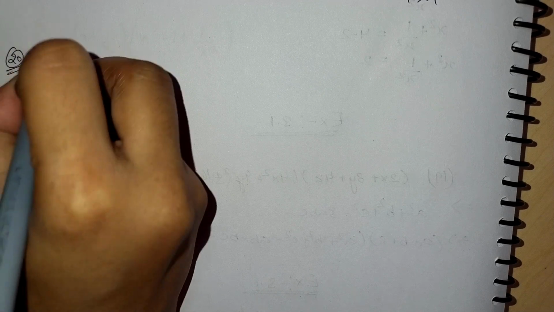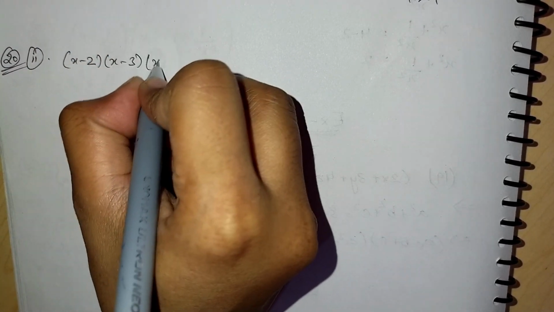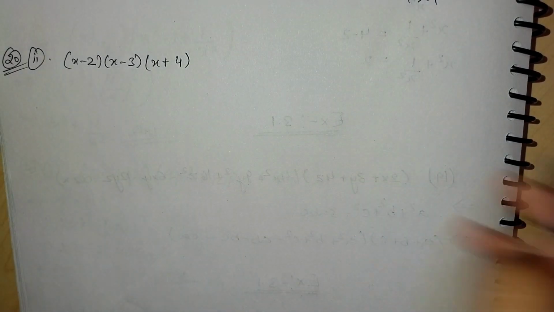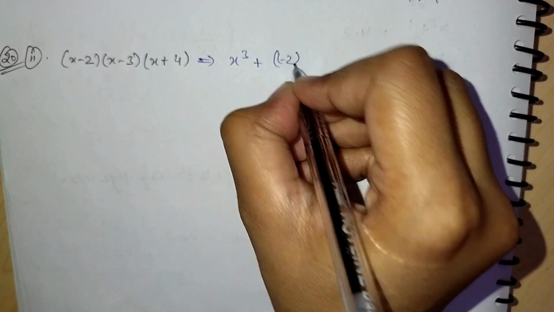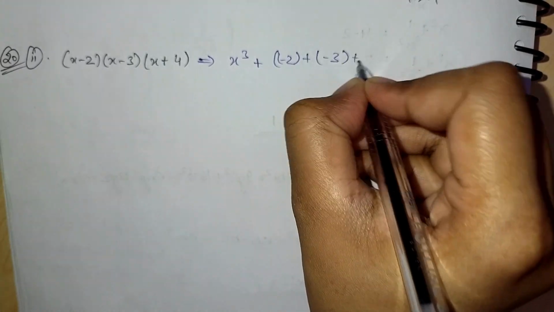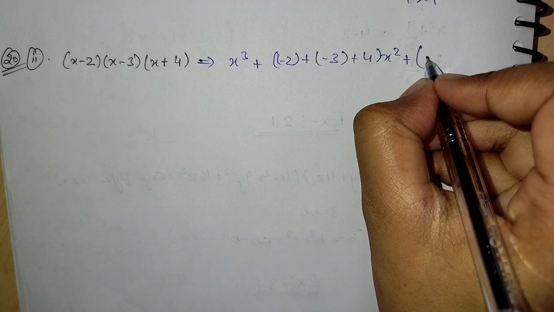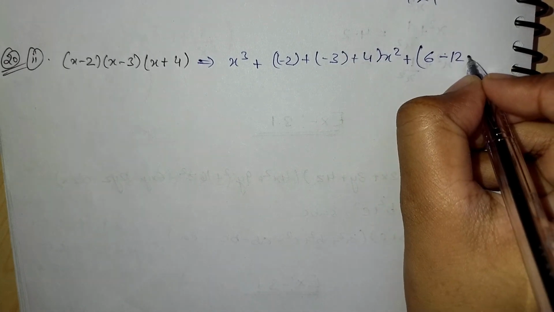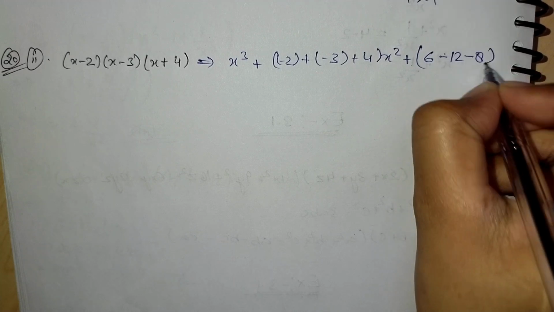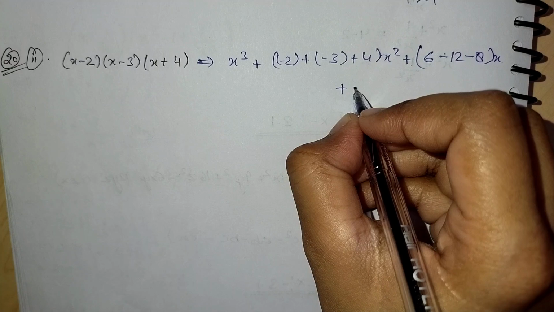Let us solve the next question, in which we have to find the product of x minus 2, x minus 3, x plus 4. On solving, we will get x cube plus (minus 2 plus minus 3 plus 4) x square, plus (6 minus 12 minus 8) x plus 6 into 4 equal to 24.